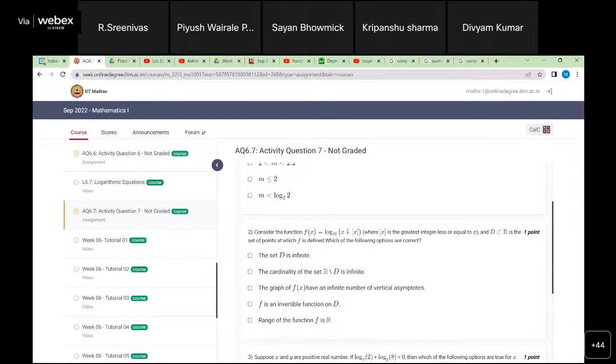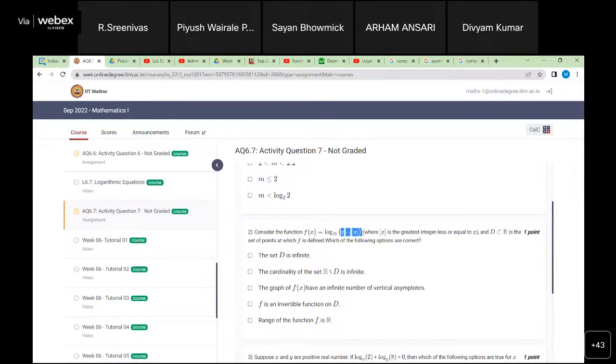So the value of this expression should be greater than 0, right? It should be positive. So D is a subset of R. No, for any function, the value of this whole function should be positive, right?